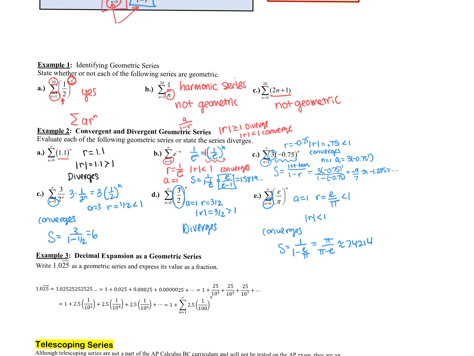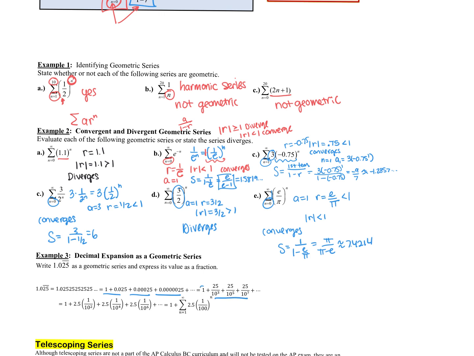There's one more example here that you will see us do a couple of examples of, and it's a way to write a decimal as a geometric series. So if you have a repeating decimal, you can break it down into a bunch of decimals, and those are all thousandths or tenths or whatever. So then we can rewrite them as powers, and then we have a series.